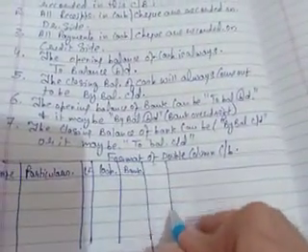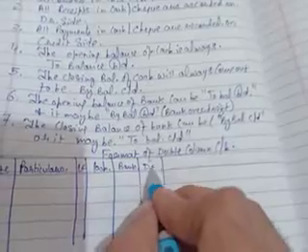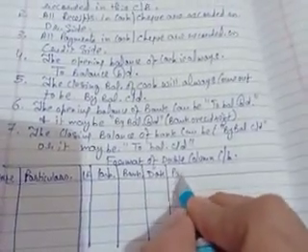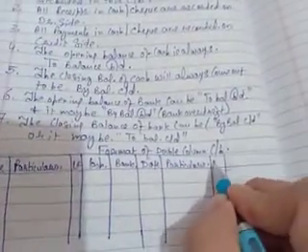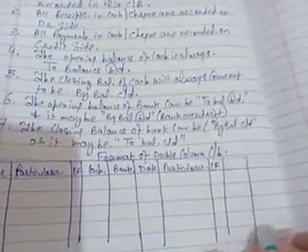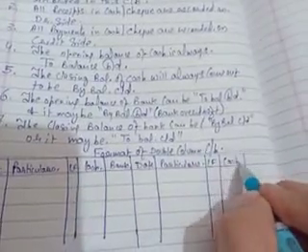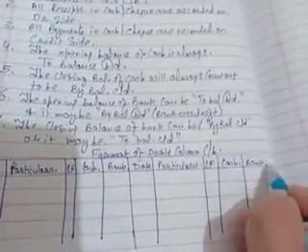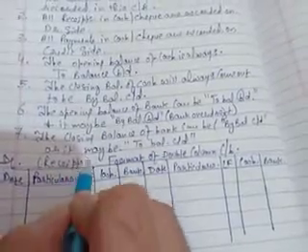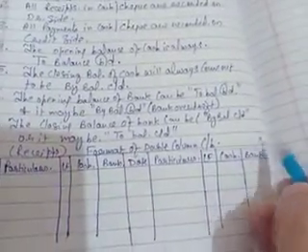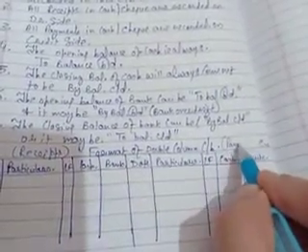Same columns on the credit side also: date, particulars, ledger folio, cash, bank. So these are the columns on either side. This is the debit side, which is basically the receipt side, and this is the credit side, which is the payment side.